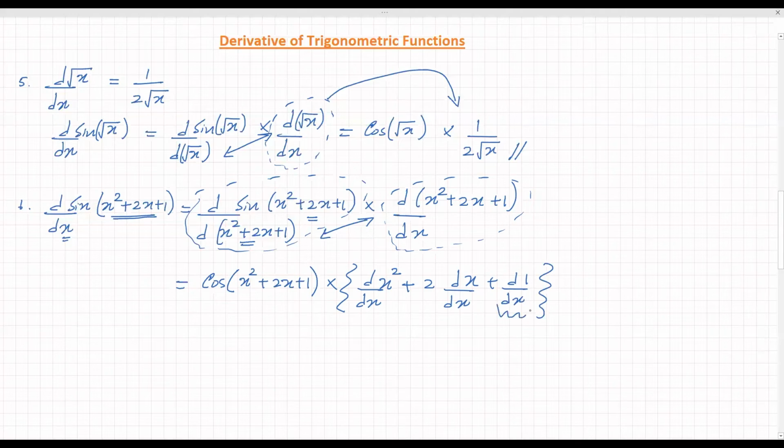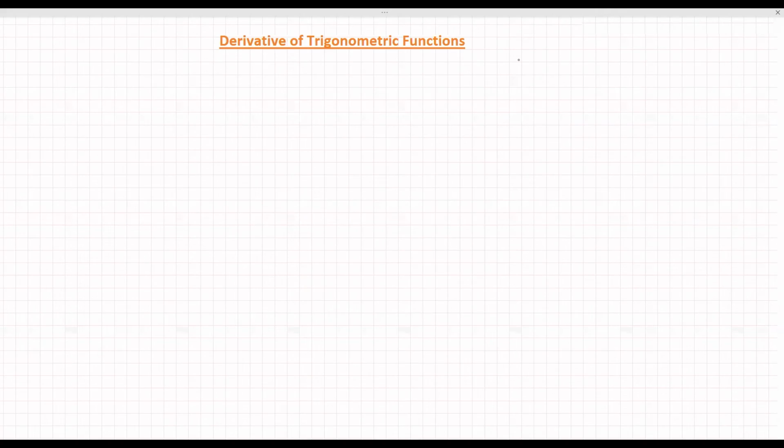We know that d/dx of 1 is 0, d/dx of x is 1, and d/dx of x squared is 2x. So one can write the final answer. I'm going to take the bracket in front, and that would be 2x plus 2 times 1, which is 2, and then the cosine term, cosine of x squared plus 2x plus 1, and that would be the derivative of that function.